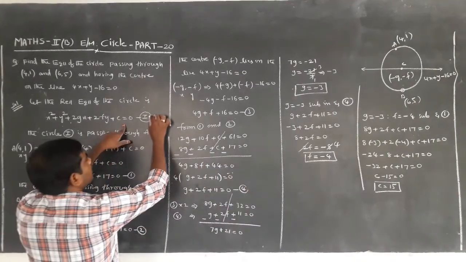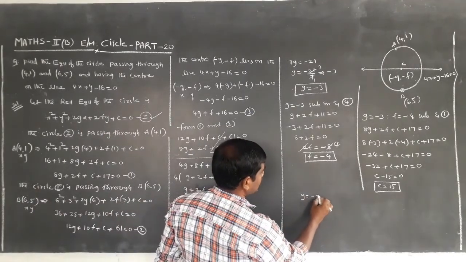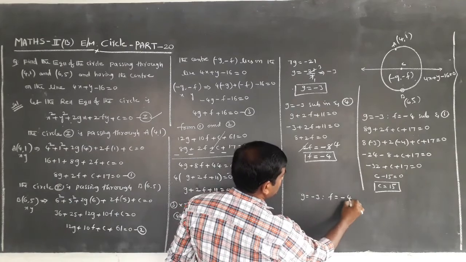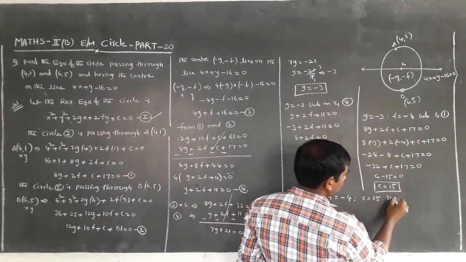Substitute in Roman number 1. g is equal to minus 3, f is equal to minus 4, c is equal to 15.